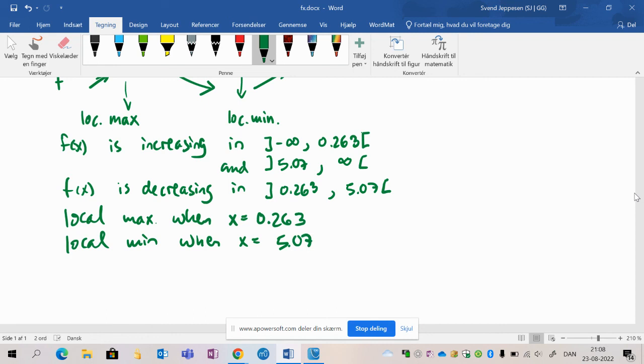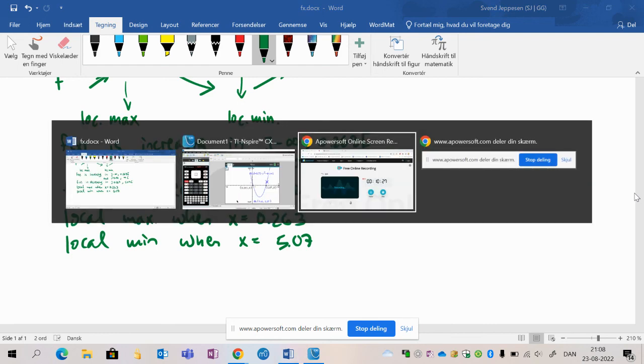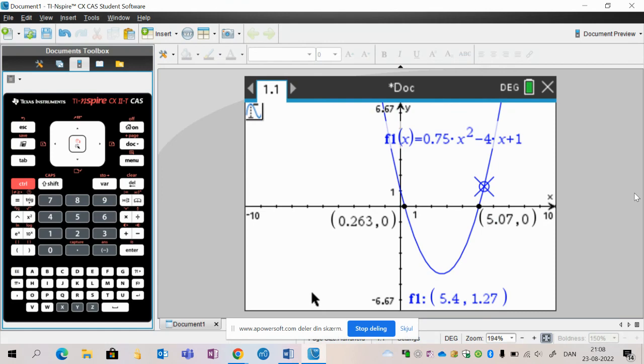If you're allowed to use the calculator for this kind of work, it makes it quite a lot easier. But always remember it is f dashed that you want to sketch here, because that's the one you want to find the zeros for and find the interval values for your sign diagram. That's it.